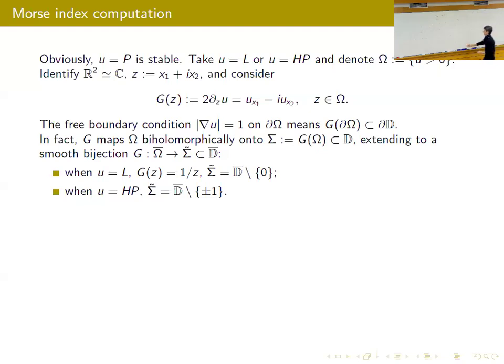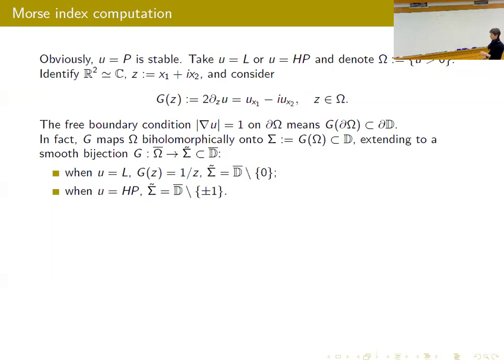Okay, and let's draw them again. So there's the disk complement, and then there's the double hairpin solution. So under G, the disk complement just goes to the unit disk minus the origin. And it's very easy to compute, because when u is the log, this G is just 1 over z. For the double hairpin, the positive phase is mapped onto the entire interior of the unit disk.